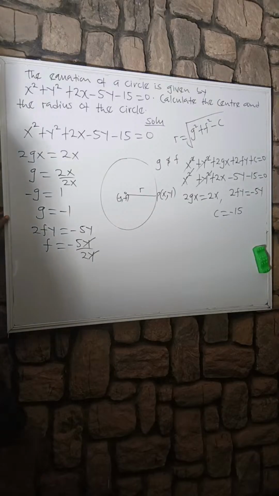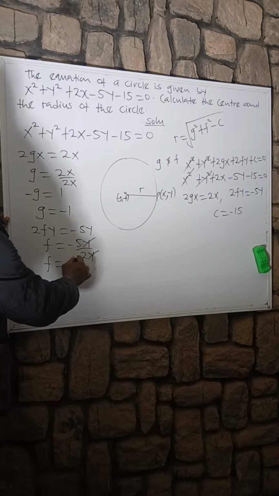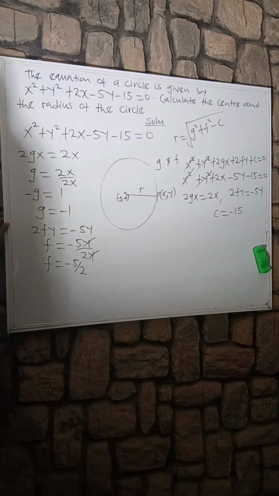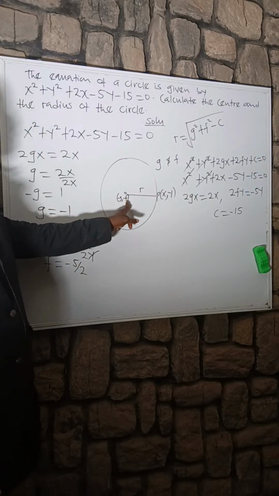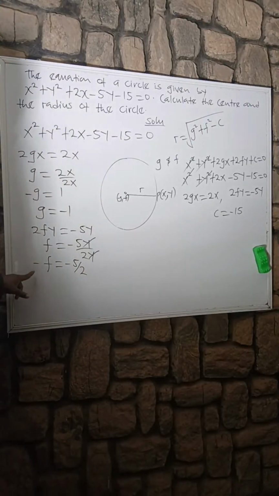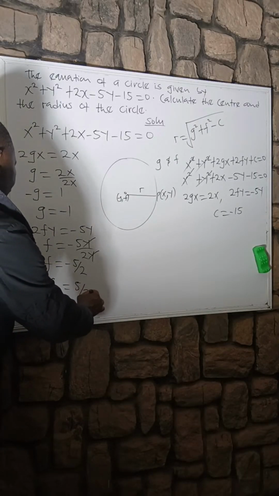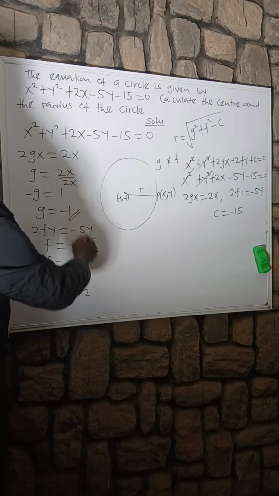So our f is equal to minus 5 all over 2, but the center f is negative. So when you multiply by minus, our f is going to give us 5 all over 2. Can you see now?